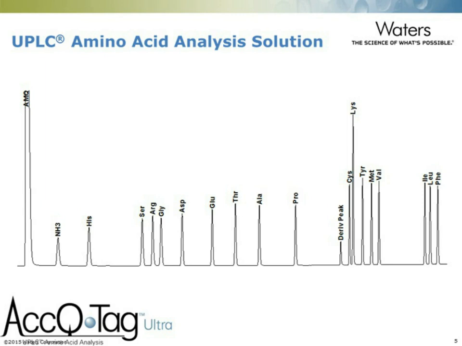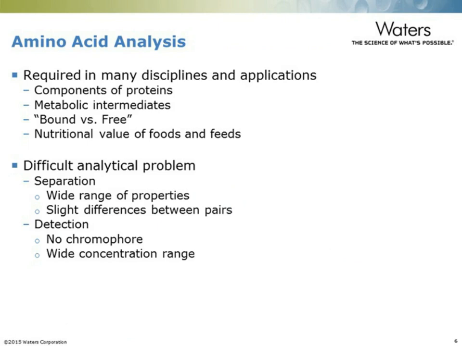To consider how we use this and what this means for us, I want to go back a little bit into the basics of amino acid analysis. Amino acid analysis is used in a lot of different ways, and it's required in a lot of different disciplines and applications.